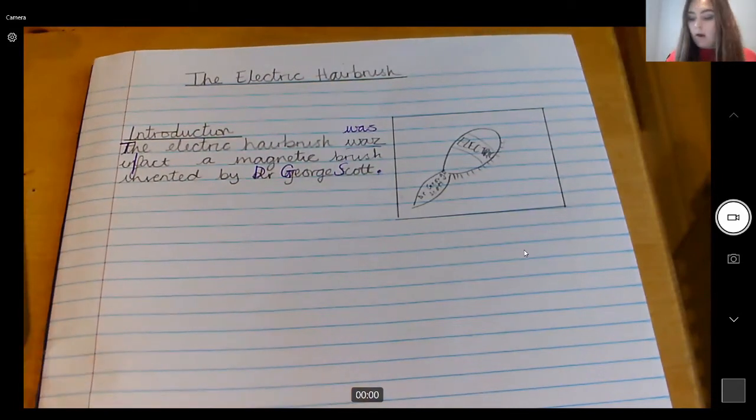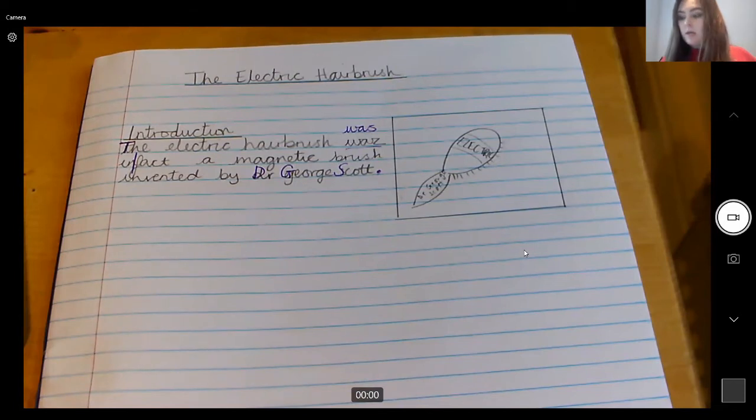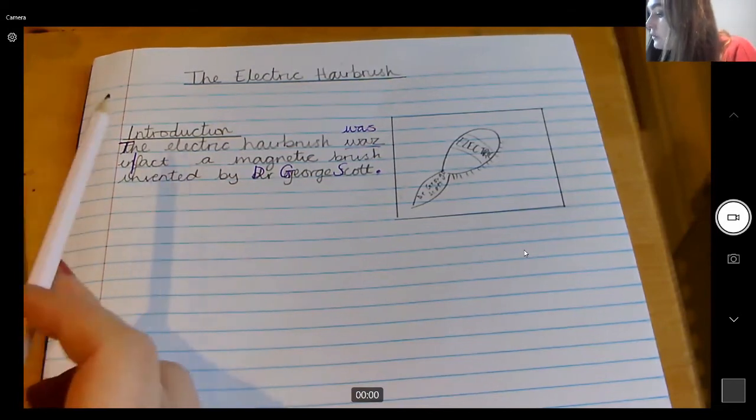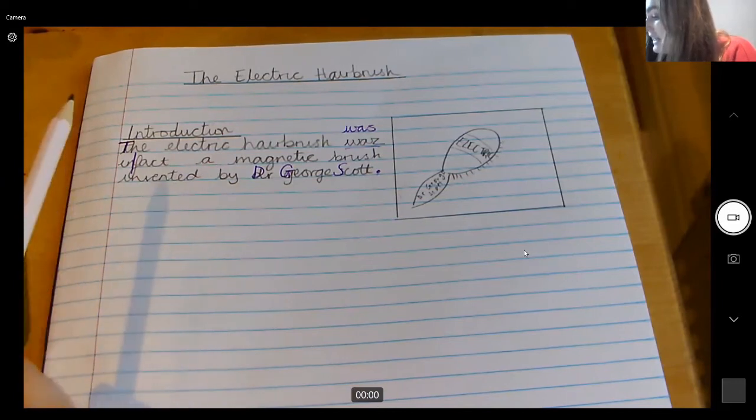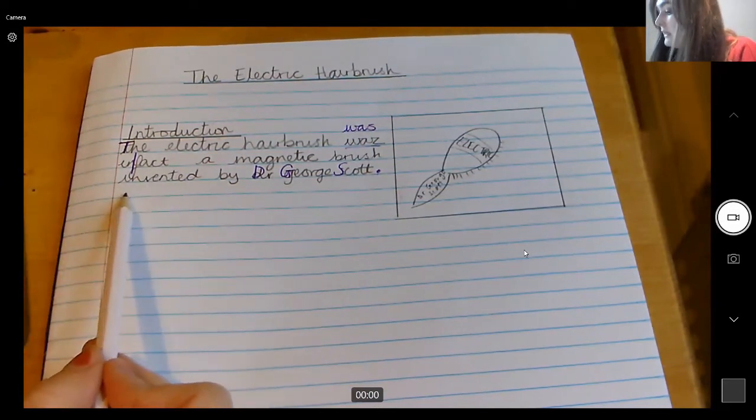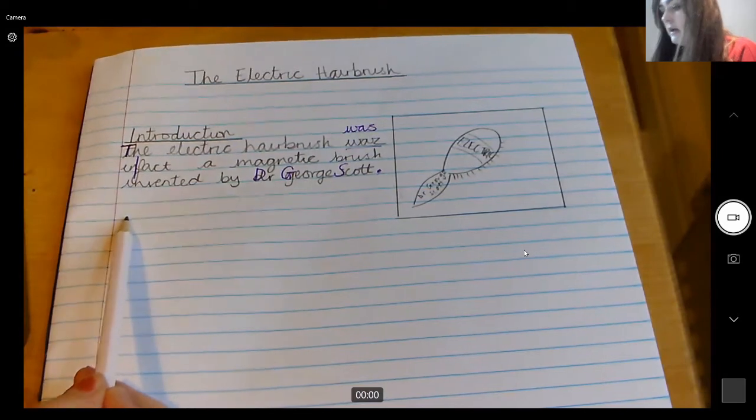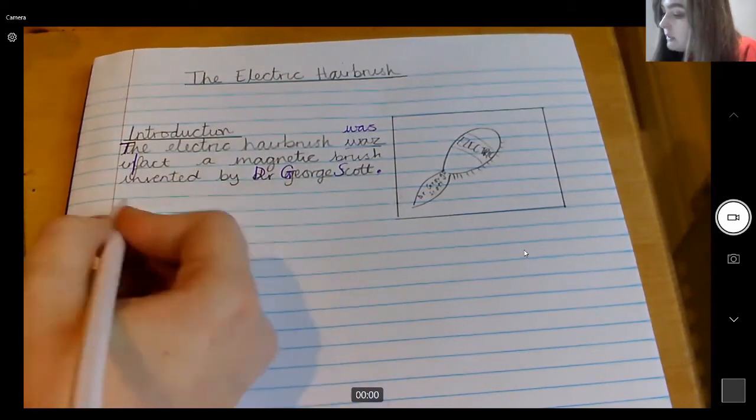Okay, so our next subheading is what does it look like? Now, because we're doing it in paragraphs, I want you to leave a line. So we're going to leave a line here, and then on the next line, we're going to write what does it look like?